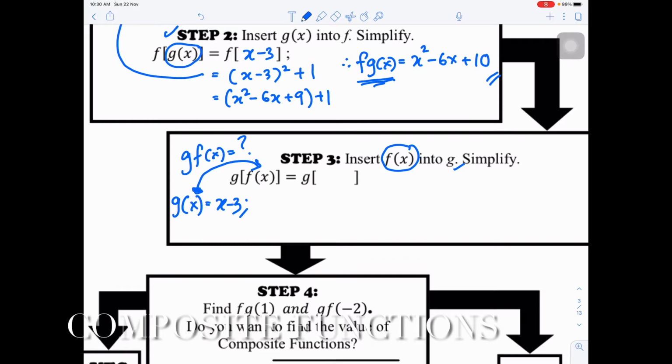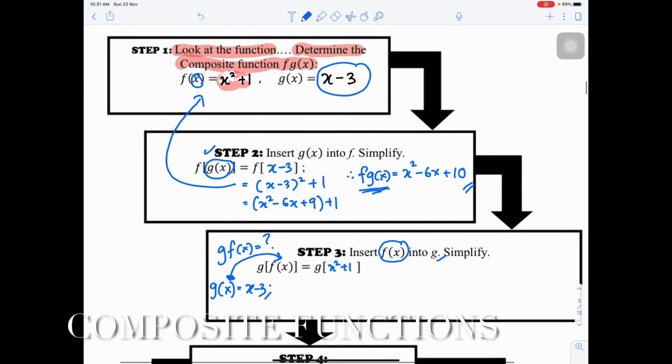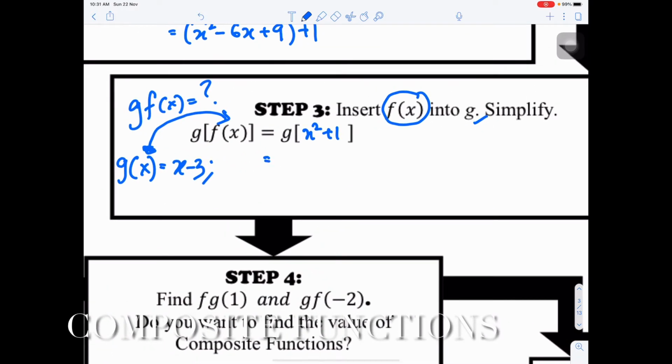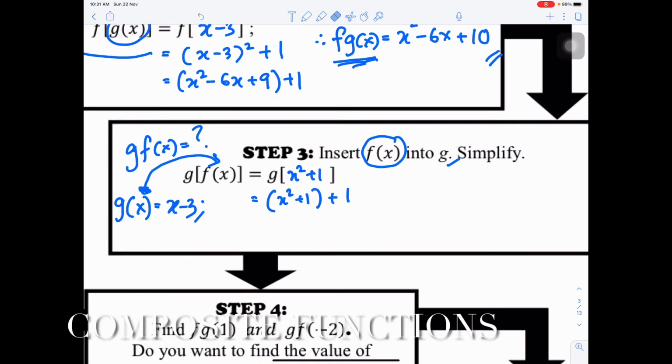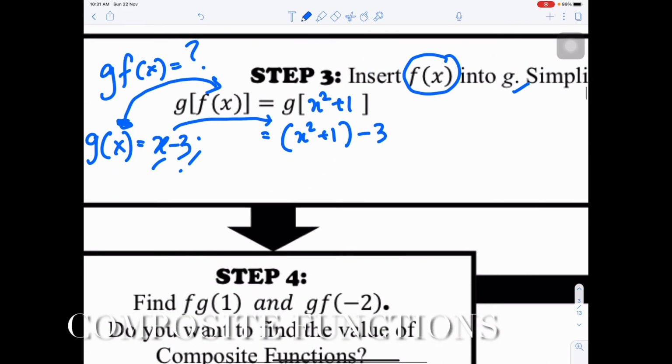So f(x) equals x squared plus 1, and referring to g(x), it is x squared plus 1, sorry, not plus 1 but minus 3. So x now becomes x squared plus 1, and then minus 3. Simplify: x squared plus 1 minus 3, so x squared minus 2. Therefore this is g(f(x)).